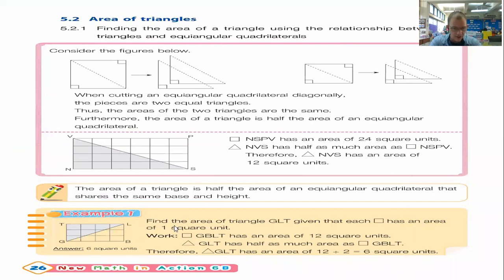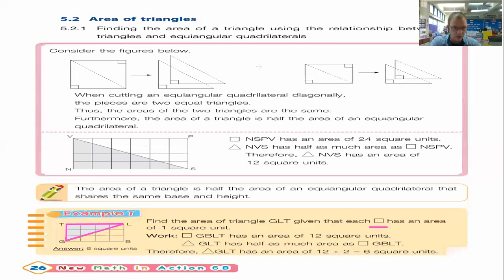They say find the area of triangle GLT. So the most important thing first, draw your triangle GLT. It shows us our triangle there, and it says each block here gives us 1 square unit.